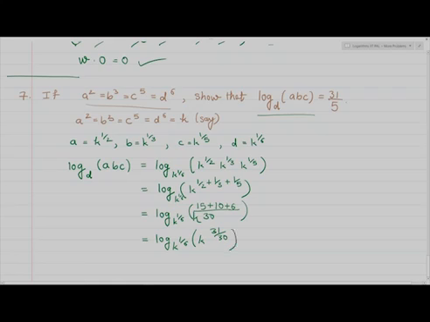So according to our power law, this should be equal to 31 by 30 into log to the base k raised to 1 by 6 of k.